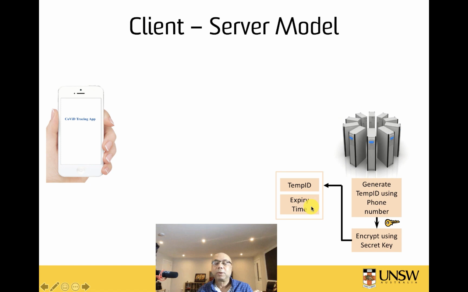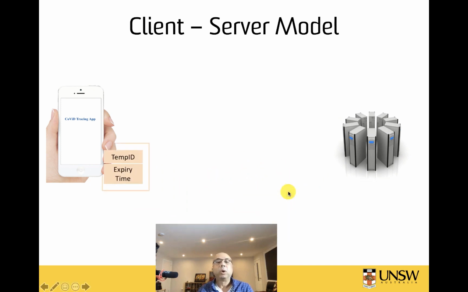It also has an expiry time, and I will explain that to you. So this record gets sent back to the user, and once it is stored in your phone, then you are ready to basically use it when you're moving around and your Bluetooth is on.